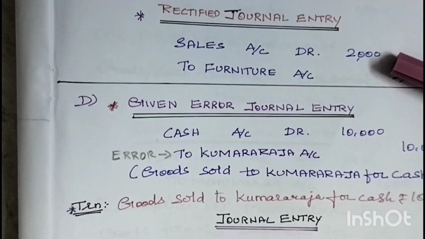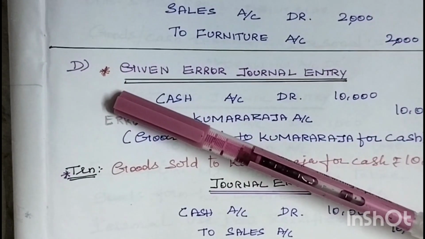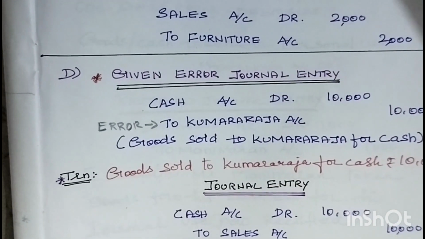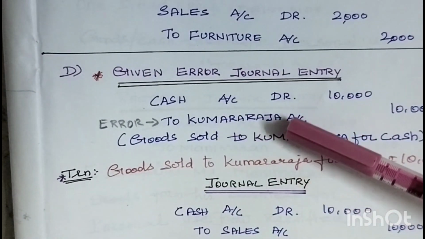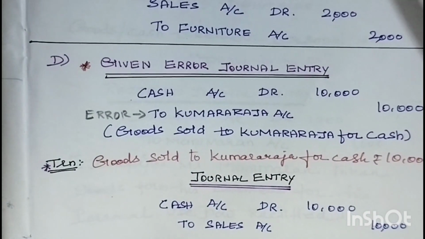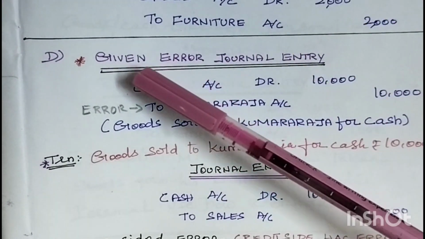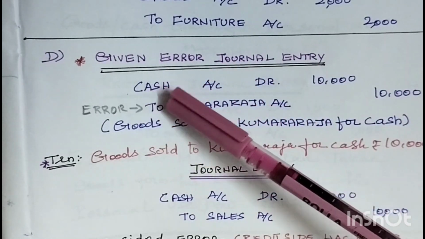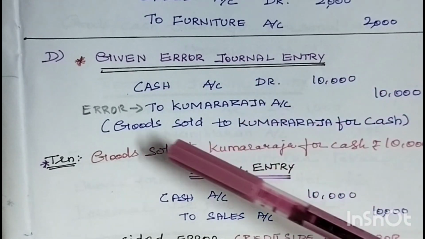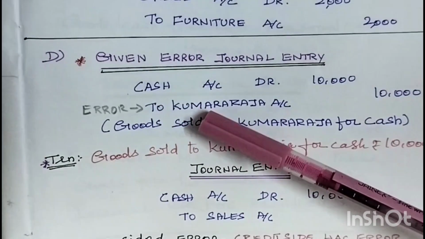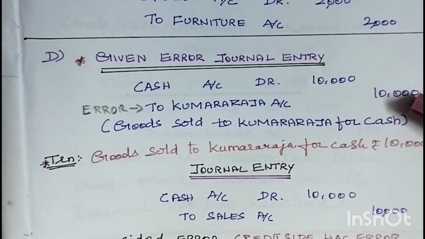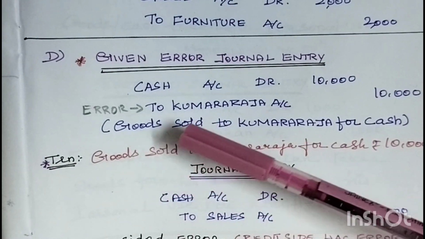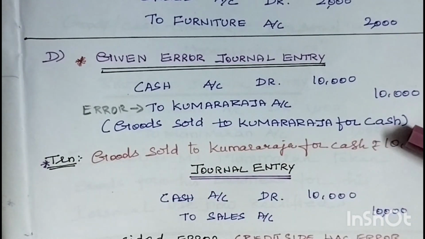Let's see the next transaction, where a journal entry is given. We have to find out the error, on which side it is. Listen, the given erroneous journal entry is: cash account debtor 10,000 rupees to Kumara Raja account 10,000. Narration is also given: goods sold to Kumara Raja for cash.